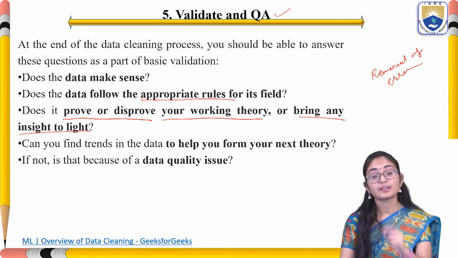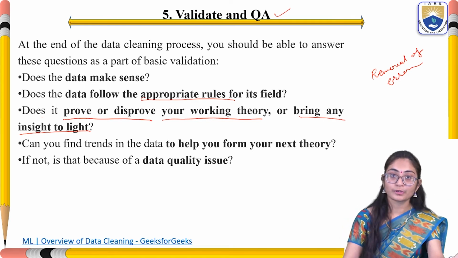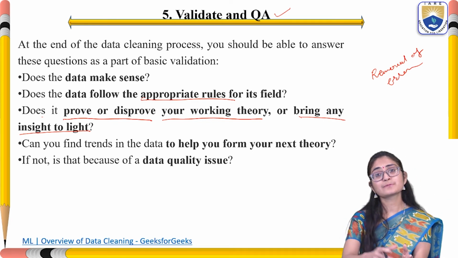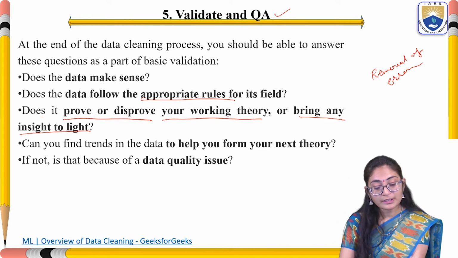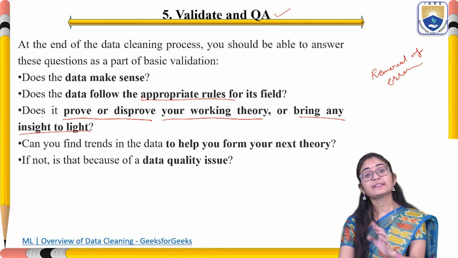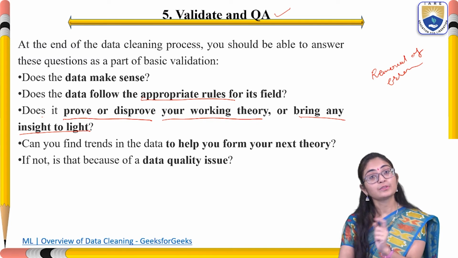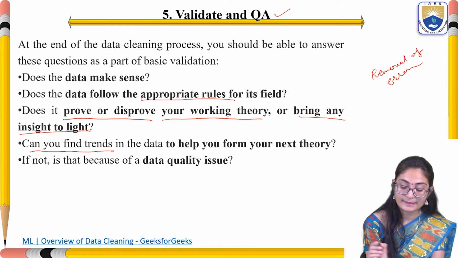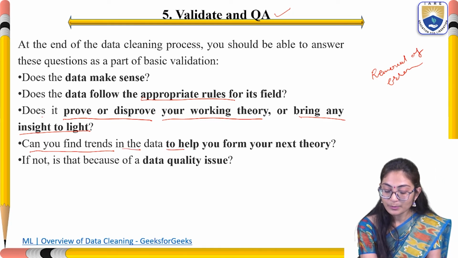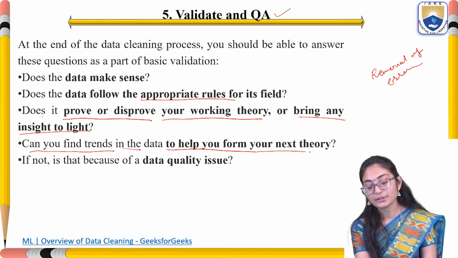You have to check whether your result is matching with your data or not, and whether your result is bringing any insight to light. Then, can you find the trends in the data to help you form your next theory?